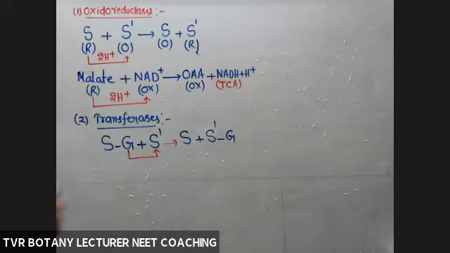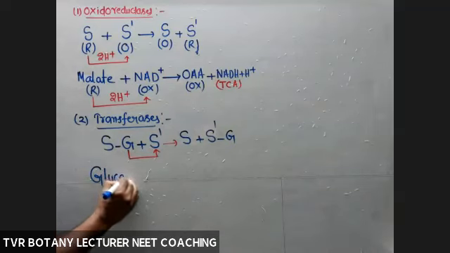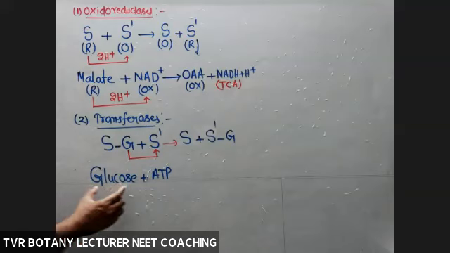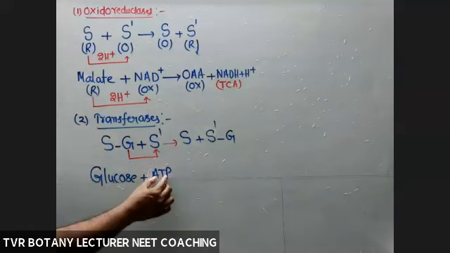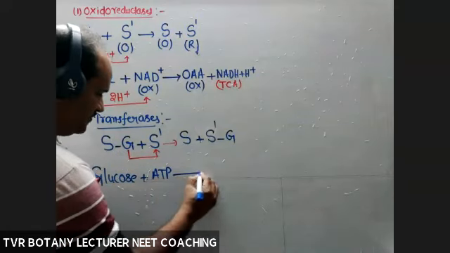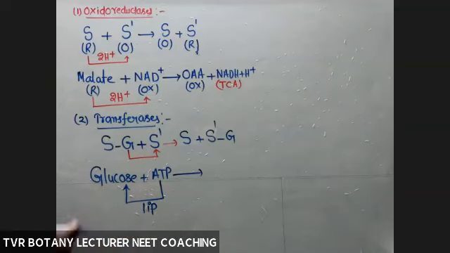The given example: glucose molecule, glucose plus ATP. The first substrate is glucose, the other is ATP. From the ATP molecule, one inorganic phosphate is added to the glucose molecule.